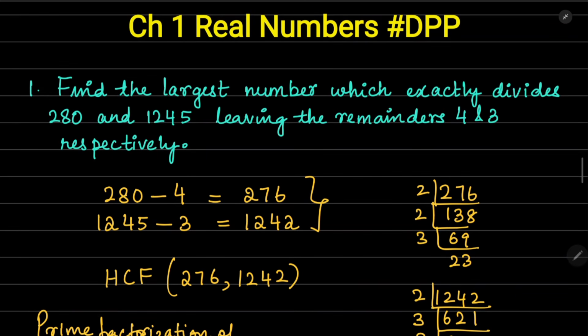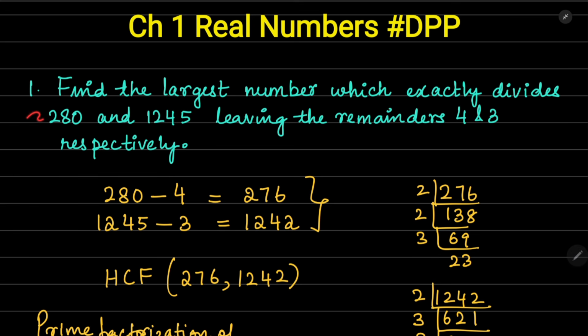So whenever such questions are asked to find the largest number or the biggest number which exactly divides any two given numbers, leaving remainders, then you will have to subtract the remainder from the given number. That's the first thing that you have to do, and then you go calculate the HCF. Okay, so this is how you have to proceed, and this is a very, very important question.